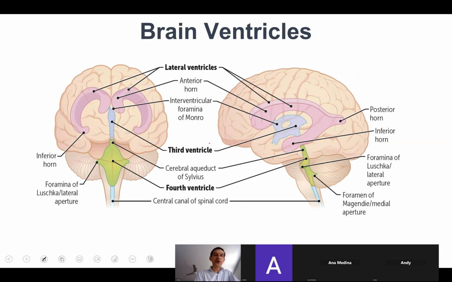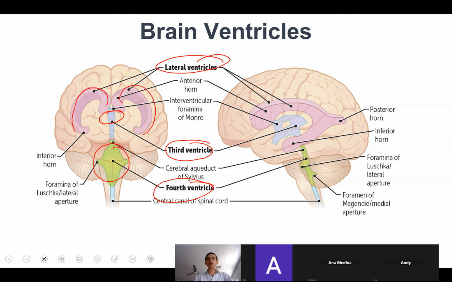Here is your 3rd ventricle, about this much. This is your 4th ventricle. There it is. And these are your lateral ventricles. On this picture, they look like C-like structures, letter C-like structures.